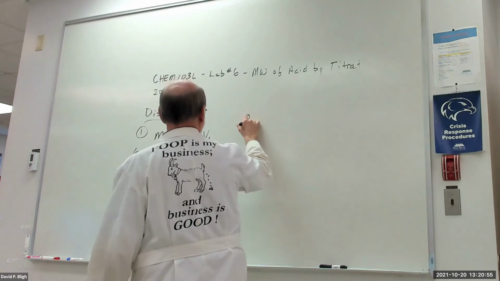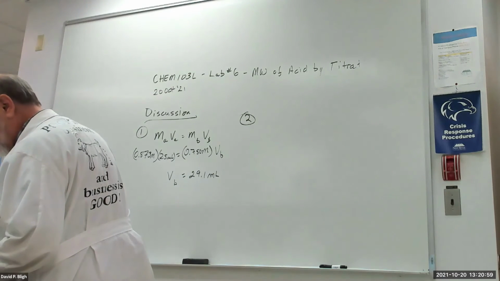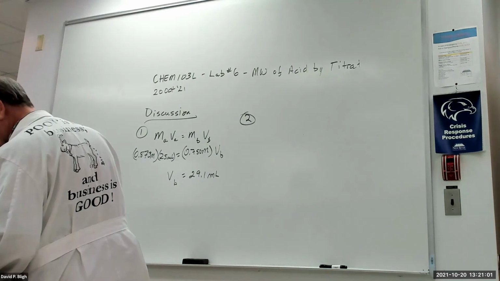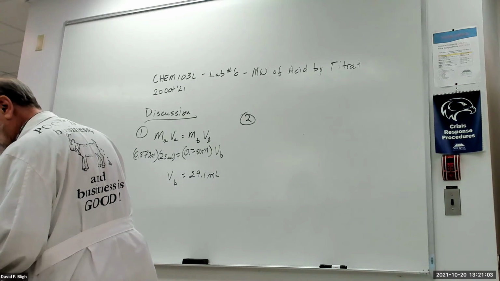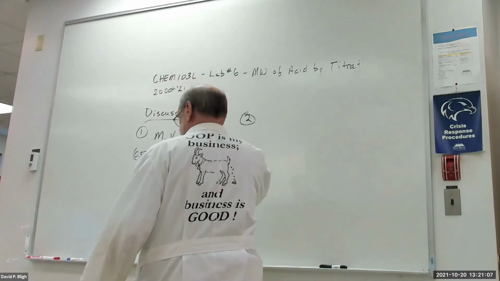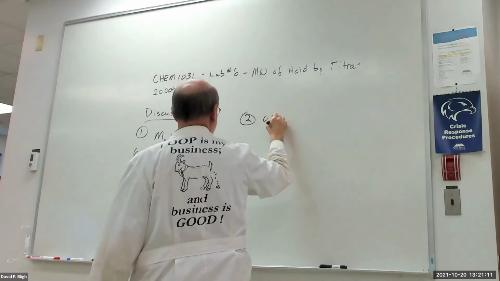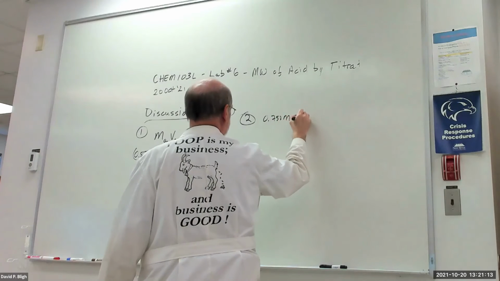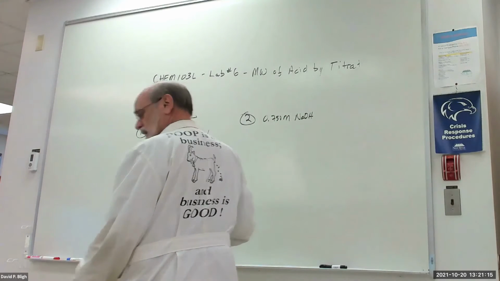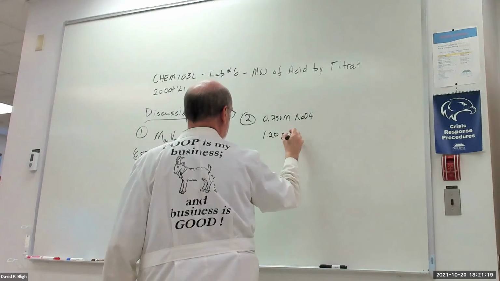Let's see, I can do 2 over here, I think. Calculate the volume of 0.75 molar sodium hydroxide solution required to titrate 1.20 grams of citric acid. Okay. So we've got 0.75 molar sodium hydroxide, and we've got 1.20 grams of citric acid.